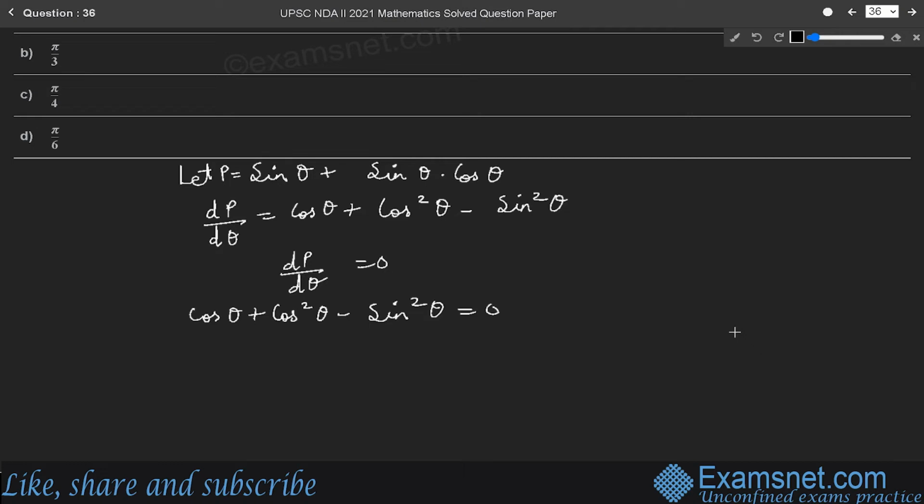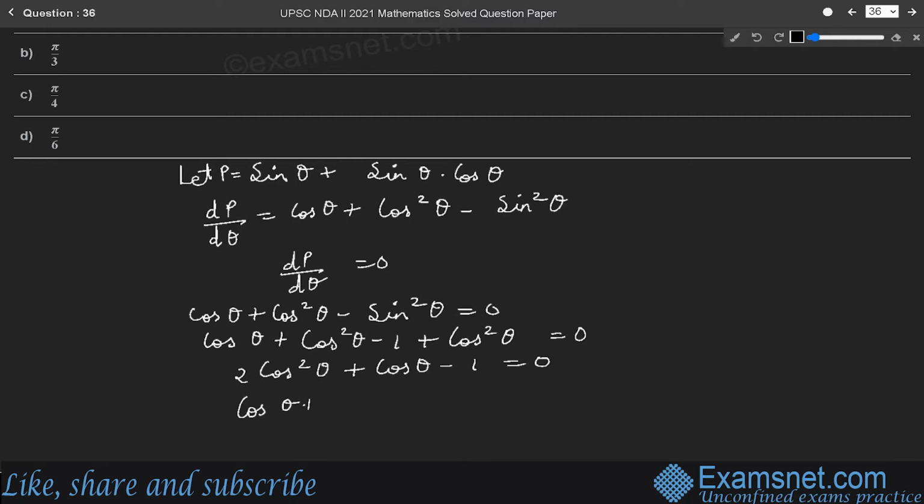On further solving, it will be cos theta plus cos square theta minus 1 plus cos square theta, equals to 0. So it will be 2 cos square theta plus cos theta minus 1 is equals to 0. Further solving, it will be cos theta plus 1 and 2 cos theta minus 1 is equals to 0.